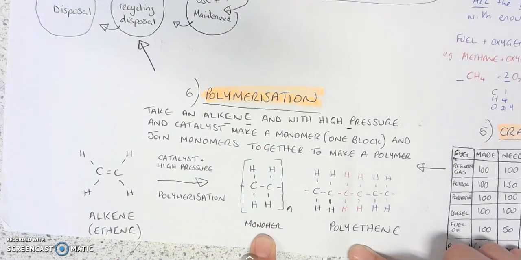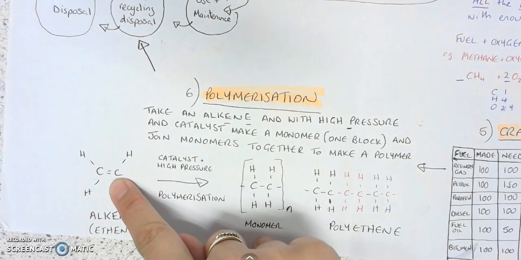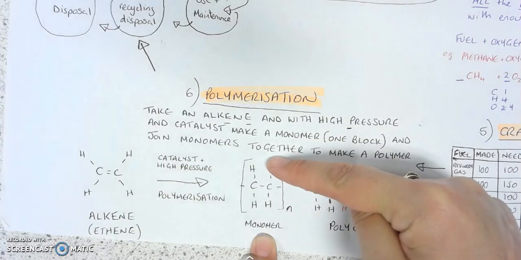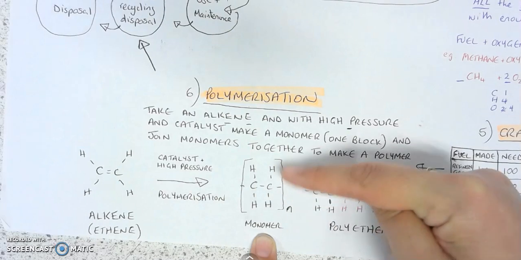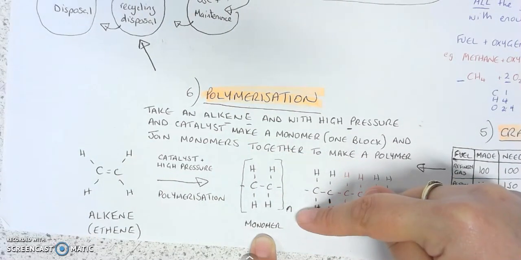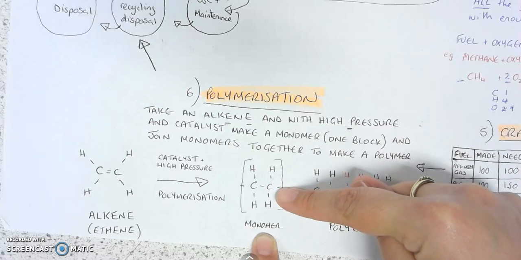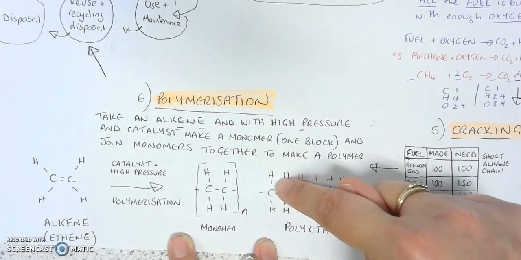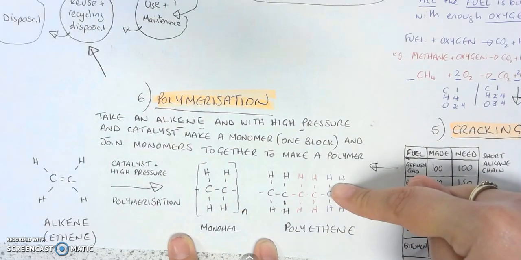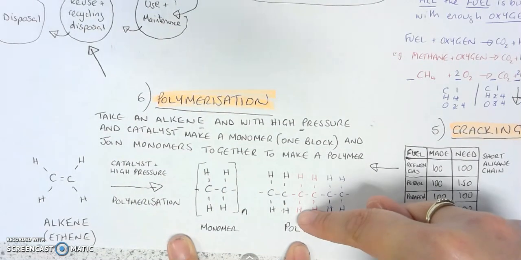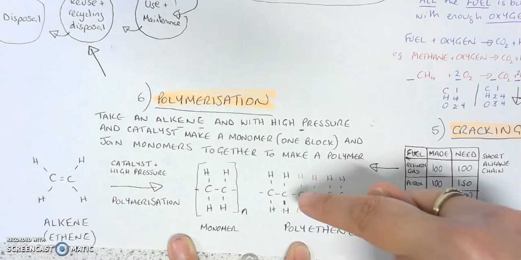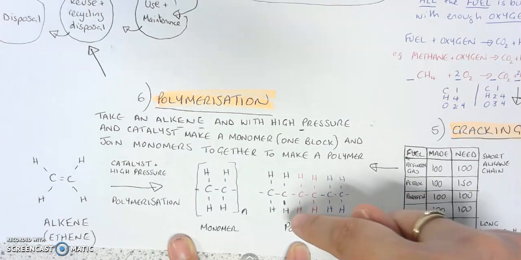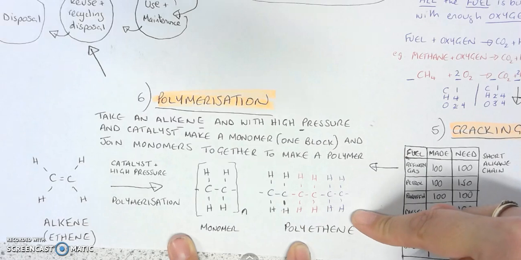A monomer, mono means one. By breaking the double bond, the hydrogens line up, and then I've got the bonds at the side. I put it into a bracket with a little n, because that means I've got one block of that monomer. If I join that monomer together, there's 1, there's 2, there's 3. I've now got a polymer, which means more than one, and because this is ethene, I've now got polyethene, which is polythene, which we use for plastic bags.